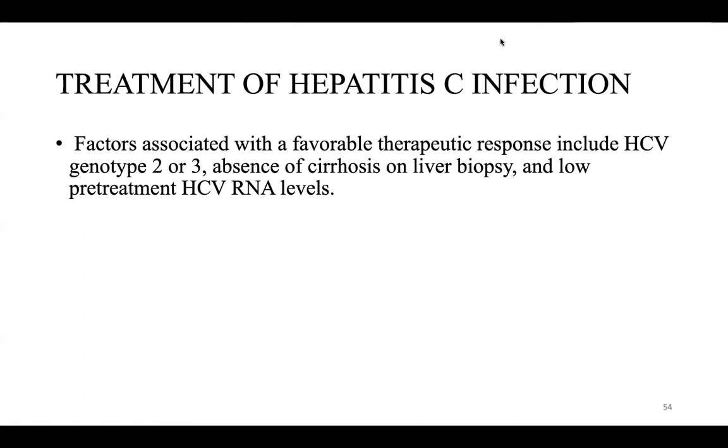In contrast to the treatment of patients with chronic hepatitis B infection, the primary goal of treating patients with hepatitis C infection is viral eradication. In clinical trials, the primary efficacy endpoint is typically achievement of sustained viral response, defined as the absence of detectable viremia for 6 months after completion of therapy.